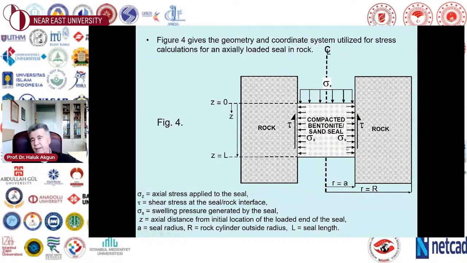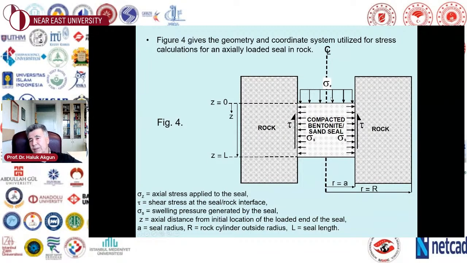So that's also another effect in nuclear waste disposal in terms of plugging the borings. Anyway, if we look at the geometry, this is sigma z. We have an axial stress applied to this seal. We have the compacted bentonite sand seal. It's a swelling material, that's why it's going to exert some swelling stress.